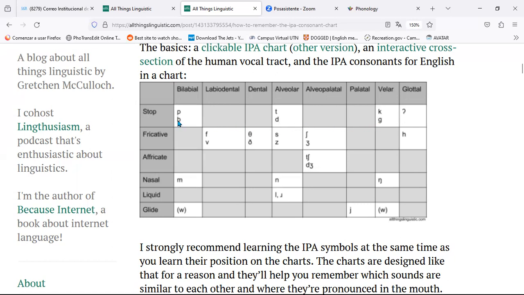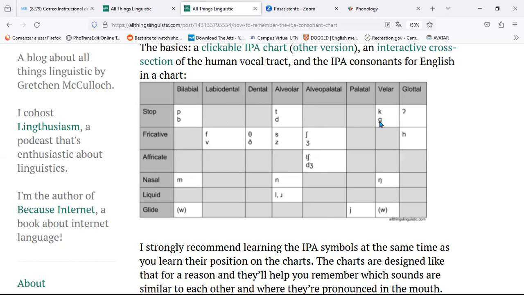This means that these three sounds are different from the ones on the top, even though they are exactly the same otherwise. The B has vibration, the D has vibration, and the G has vibration.